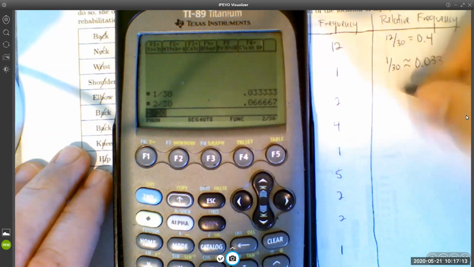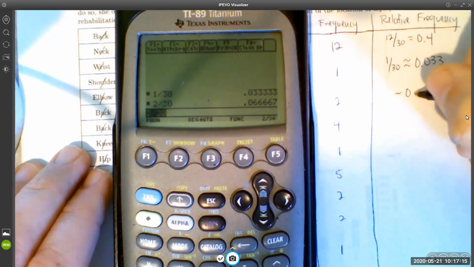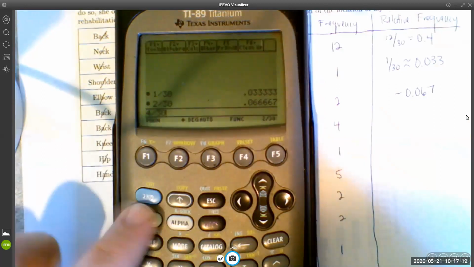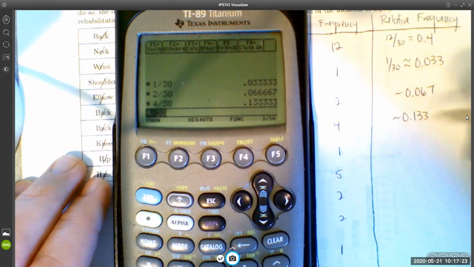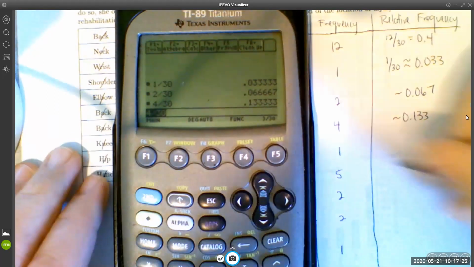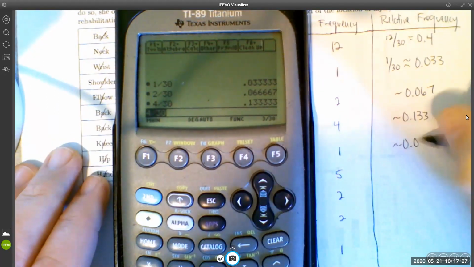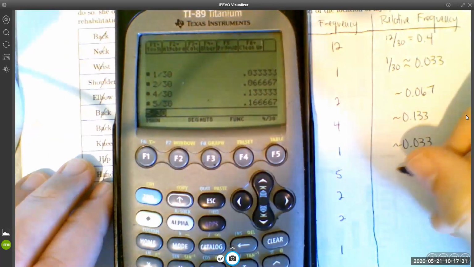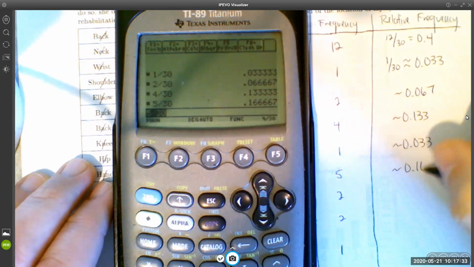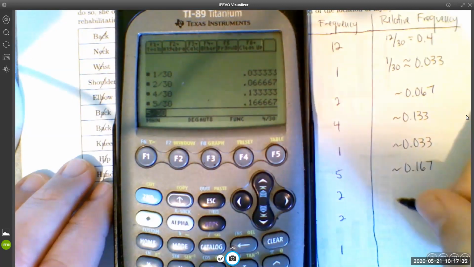So I'm not going to write out the fraction. I'm just going to say this is about 0.067 and so forth. One out of 30 we already did. 5 out of 30. 2 out of 30 we did.